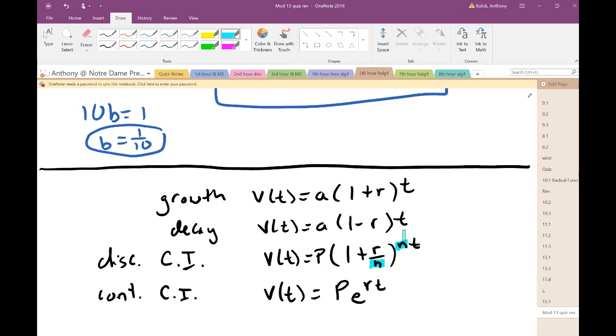If it was semi-annually, it would be 2. If it was quarterly, 4. If it was monthly, 12. If it was weekly, 52. If it was bi-weekly, 26. So bi-weekly is every other week. And that's a popular one because how often do most people get paid?